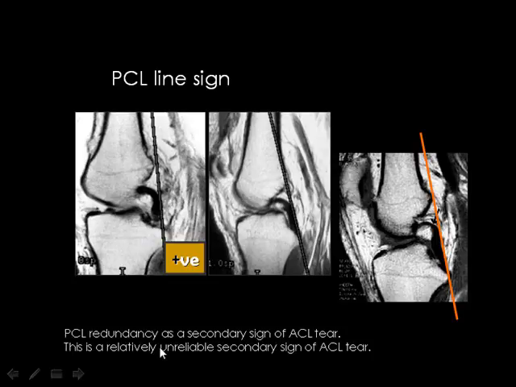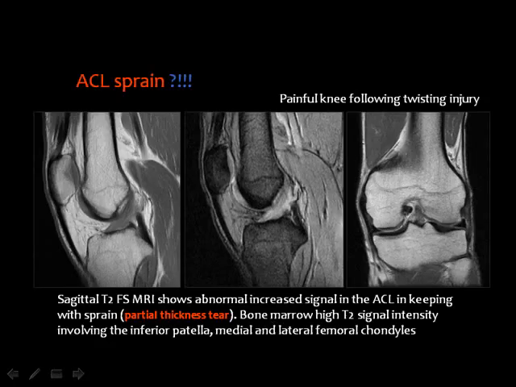You understand? Okay. Then look at this example. What do you think of this ACL? It is not black. All the ligaments should appear black in the MR image. It is gray, and in the T2 weighted image it is bright, showing some fluid. Then what do you think? If you look in the intercondylar notch, you can see the shadow of the ligament.